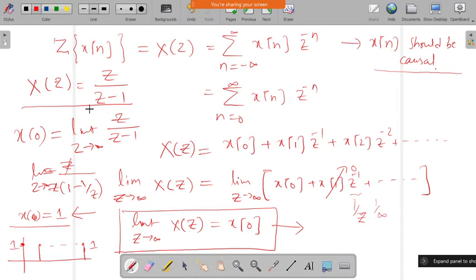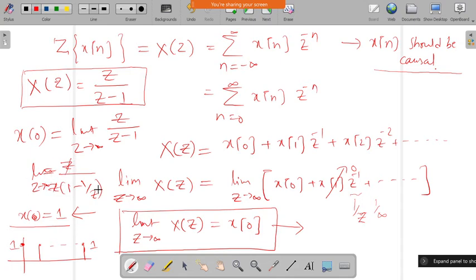Okay. Now if I know the z transform of some signal X of z, I can find the initial value of that time domain signal. How to find it? x of 0 is equal to limit z tends to infinity, put X of z, whatever we know, z by z minus 1. Now I will take z common in the denominator, which will give 1 minus 1 over z, and the numerator z and denominator z will cancel each other.